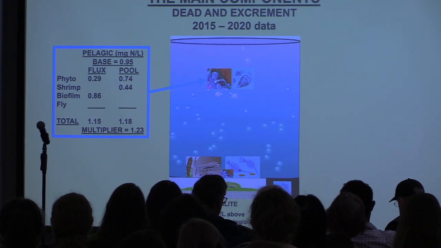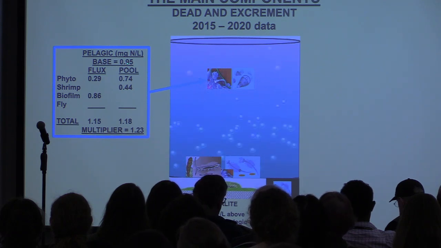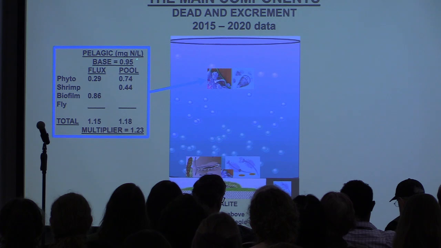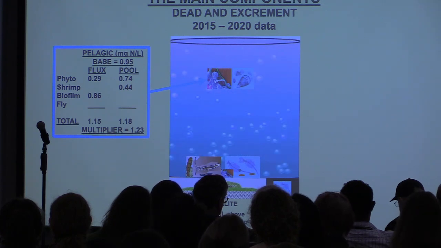We know from the highest measurements of nitrogen in the water column that the base nitrogen available should be about 0.95 milligrams of nitrogen per liter. And that means that the turnover is a multiplier effect of about 1.23.